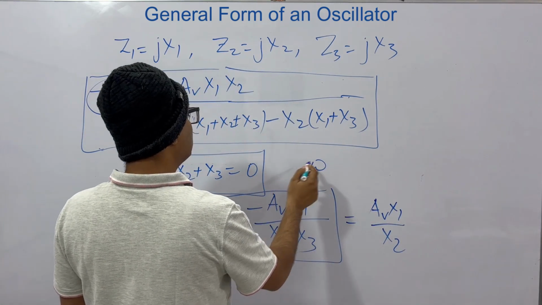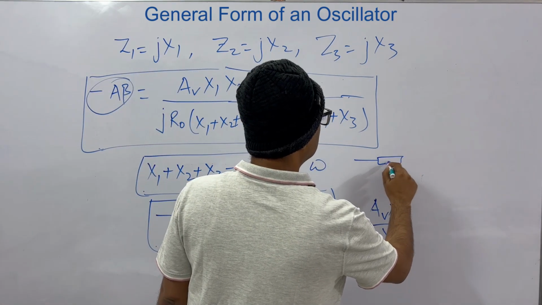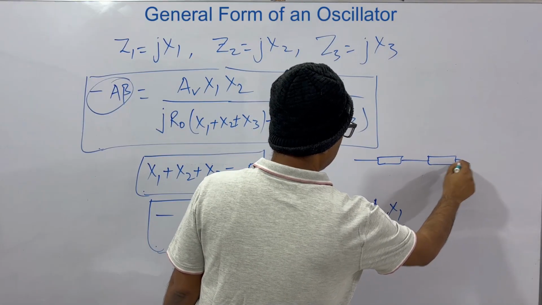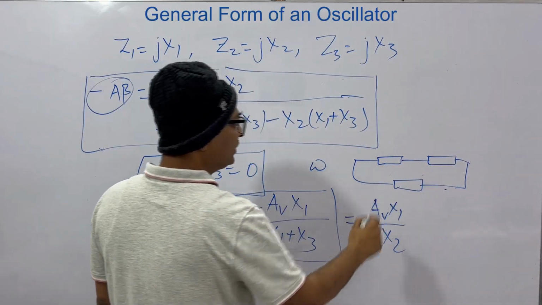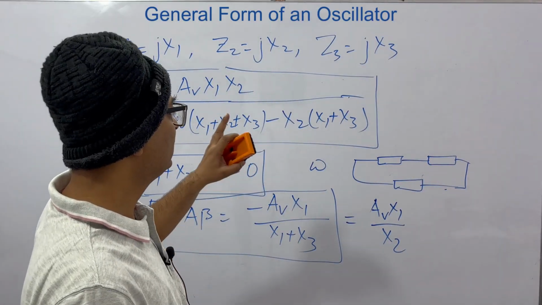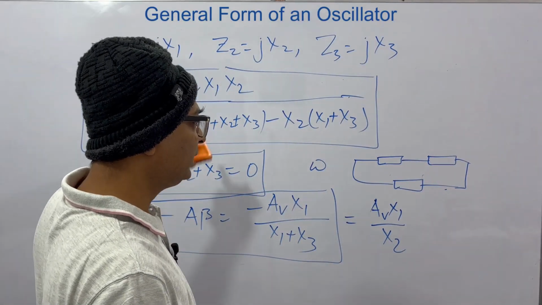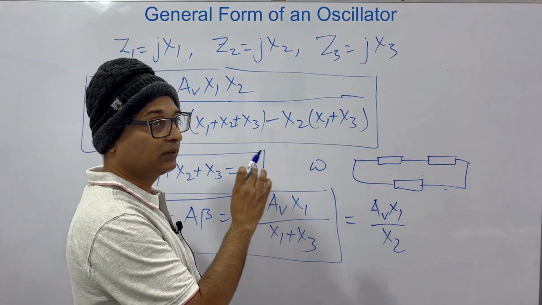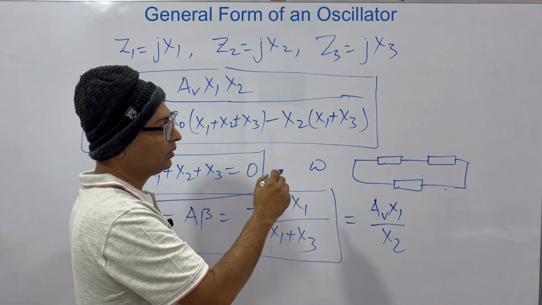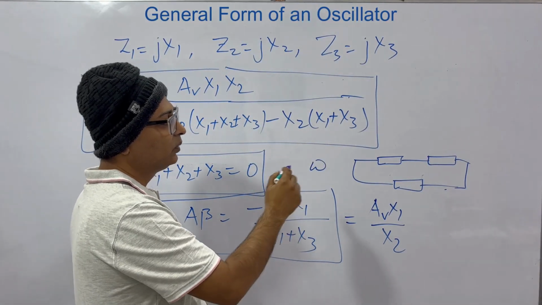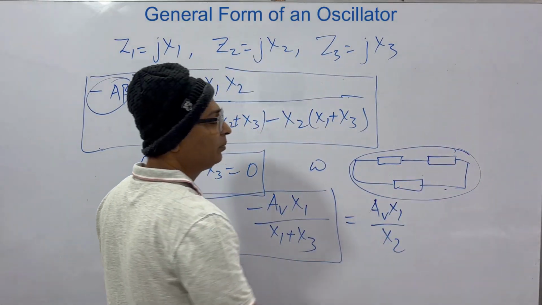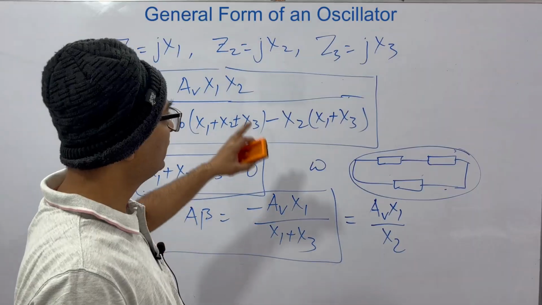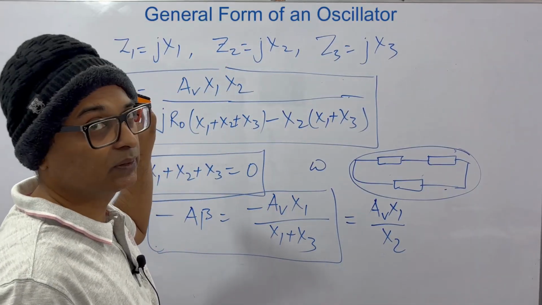So the combination of this, the omega that we get from this circuit, will be the frequency at which this complete oscillator will resonate. So if this is RLC or if this is LLC, whatever be the frequency of this combination, that will be the frequency of oscillation of this complete oscillator.